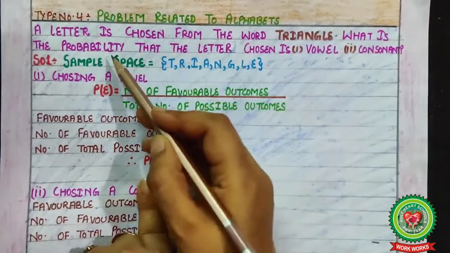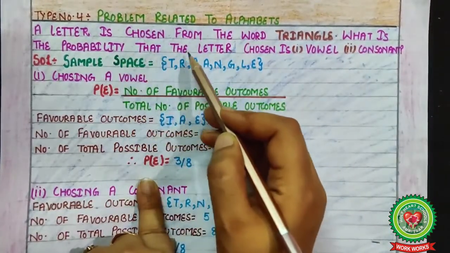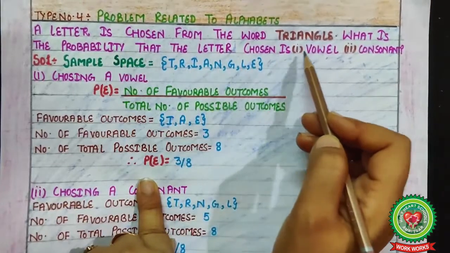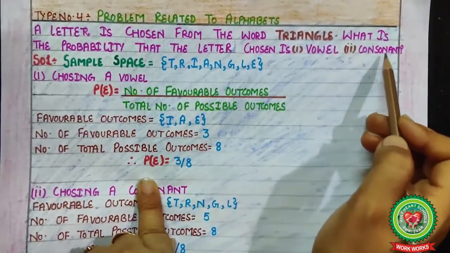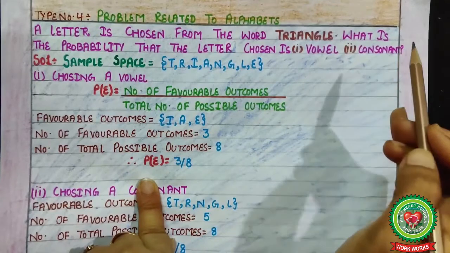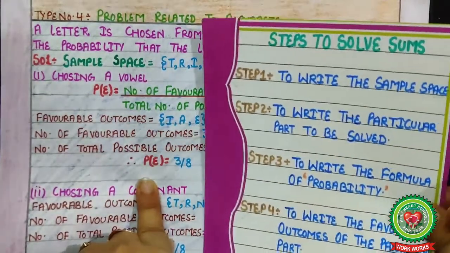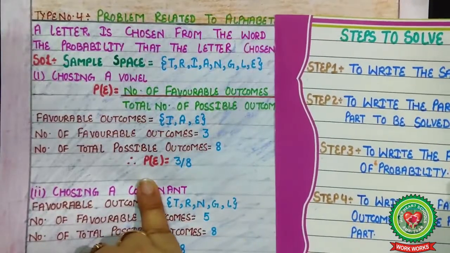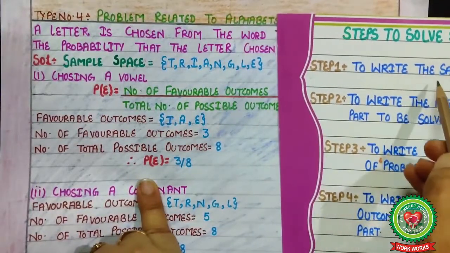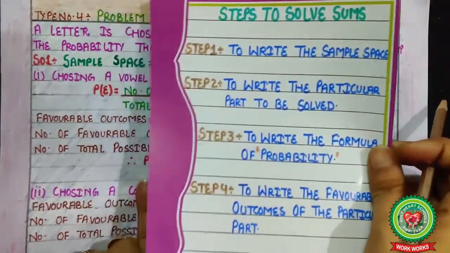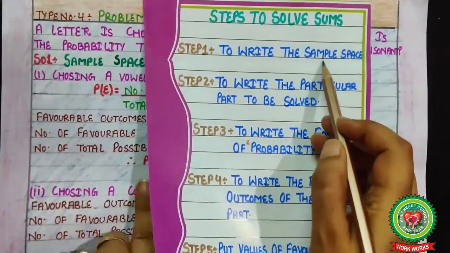What is the probability that the letter chosen is a vowel or a consonant? Now students, we will correlate this type with our steps. Step number 1, which I told you, is to write the sample space.